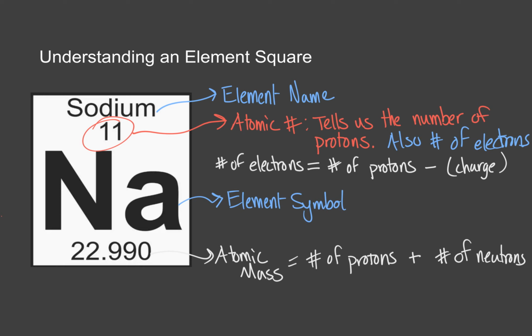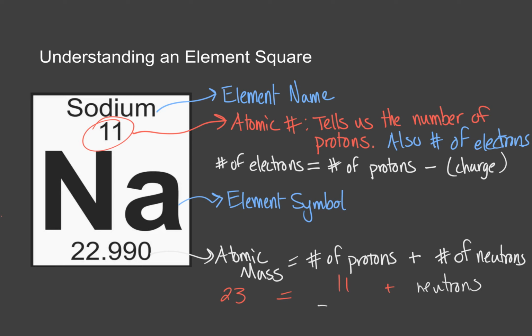So for sodium, we know there is 11 protons, and we know the atomic mass is 23. This 22.99, we just round that to the nearest whole number, which is 23. So this equation tells us that 23 equals 11 plus however many neutrons we have.